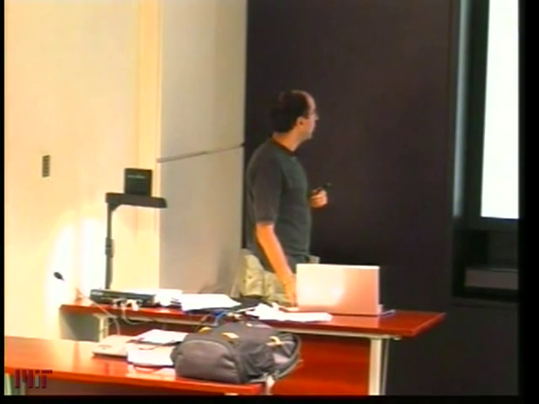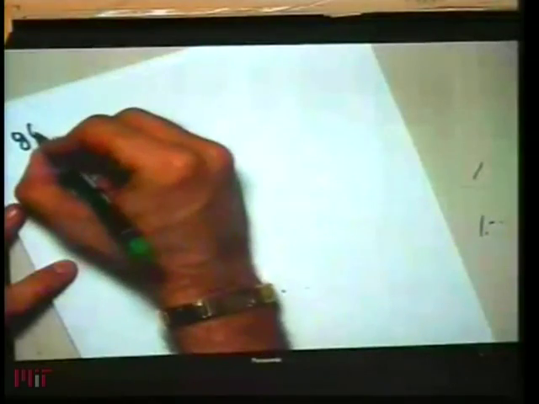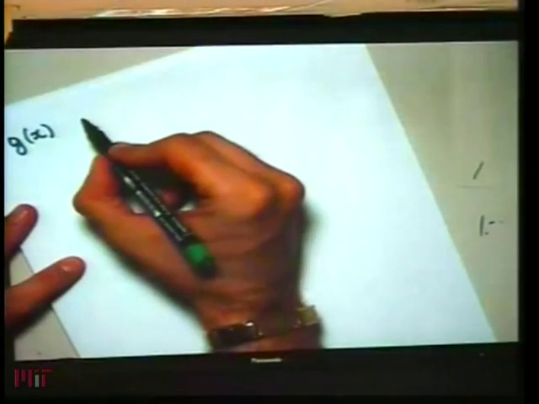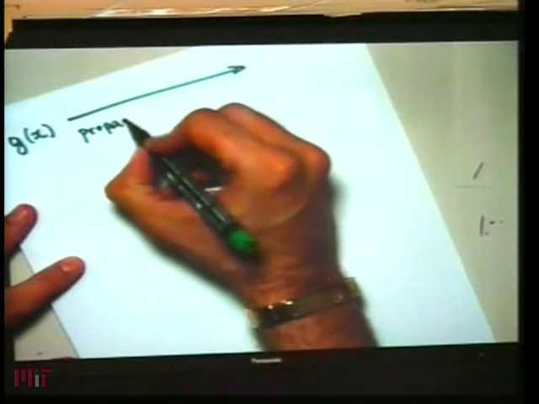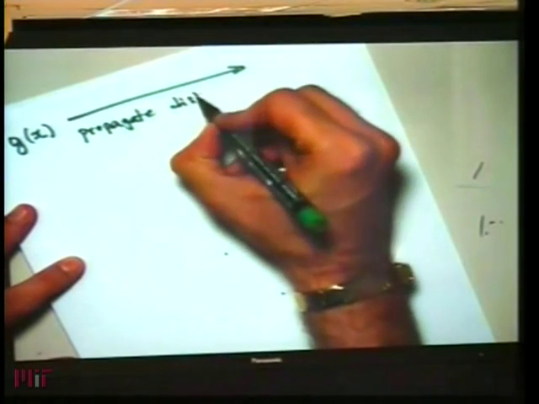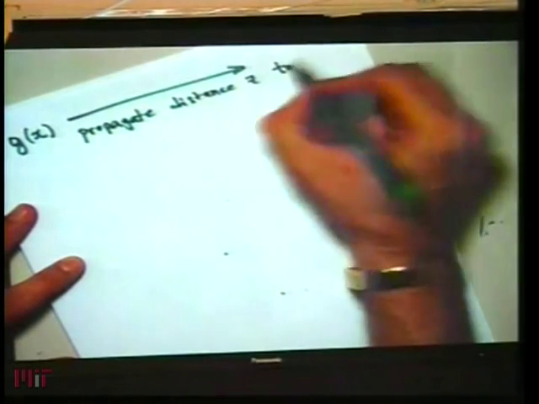Okay. First of all, let me do the derivation in one variable, so I don't write too much. So we'll basically skip y. All the derivations will be just with x. Okay, so everything transparency, g of x. And then what I will do is I will propagate it distance z to the lens.